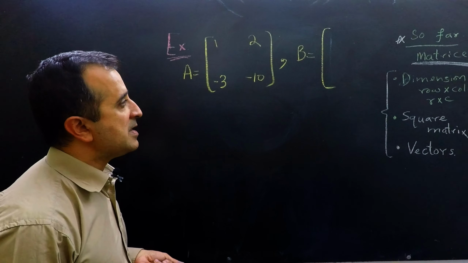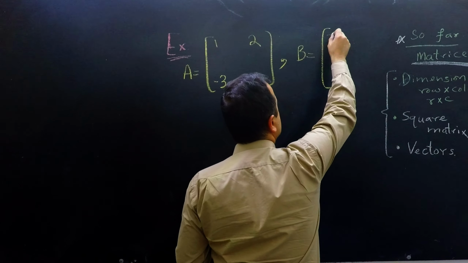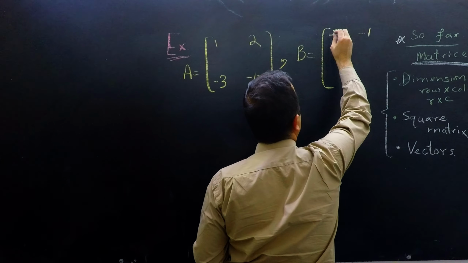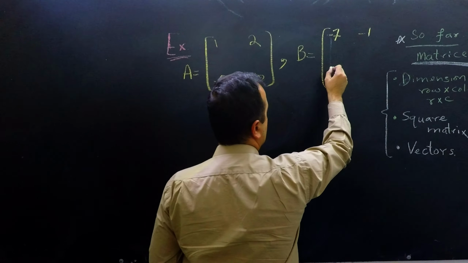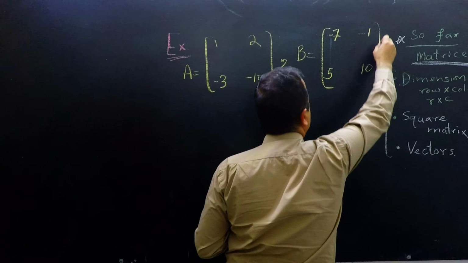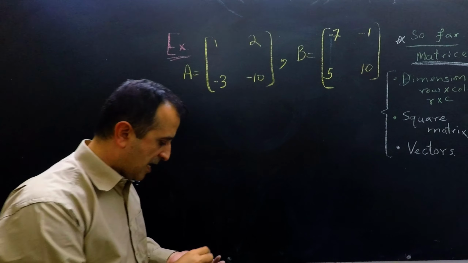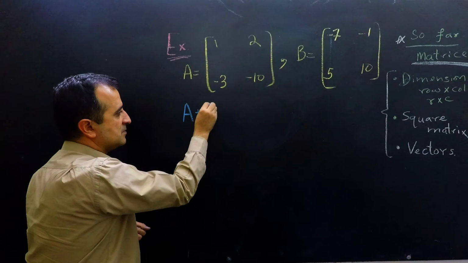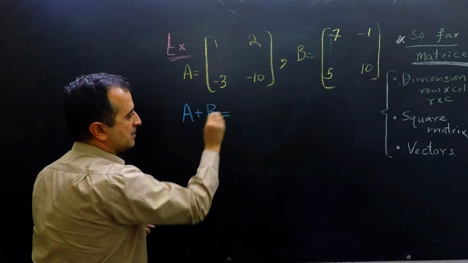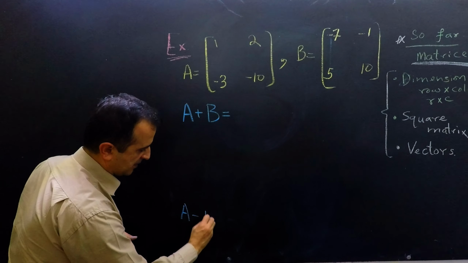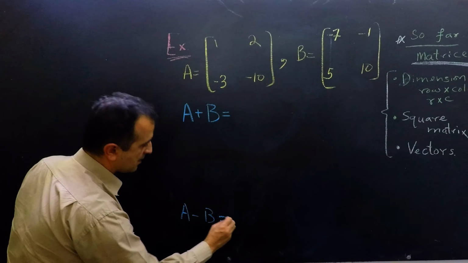And matrix B has values minus 7, minus 1, and 5, and 10. Now I have to first find what is A plus B, and I also have to find what is A minus B. Okay.